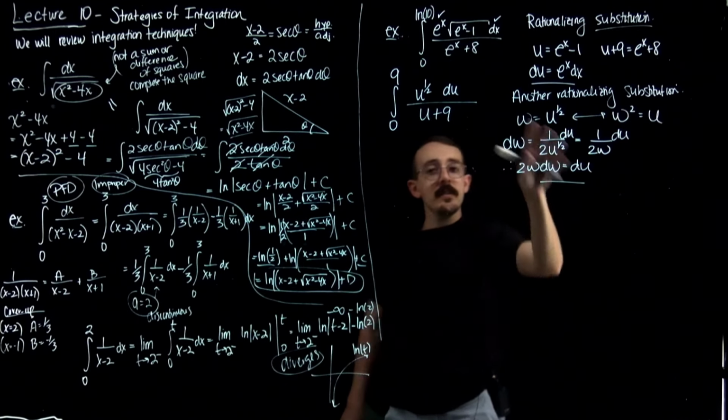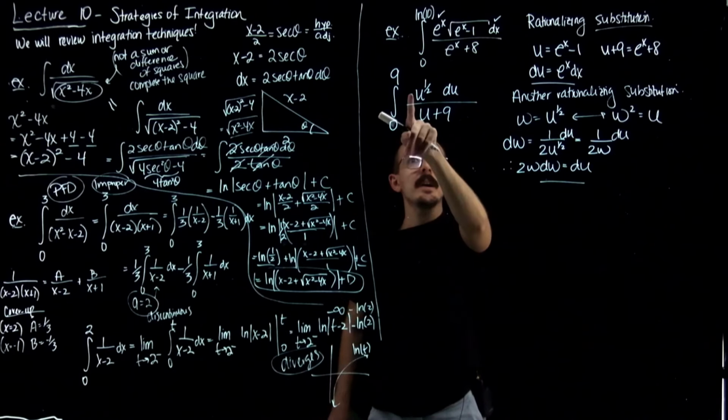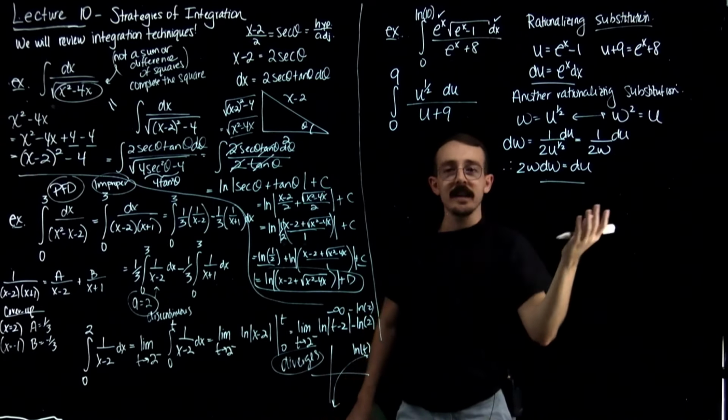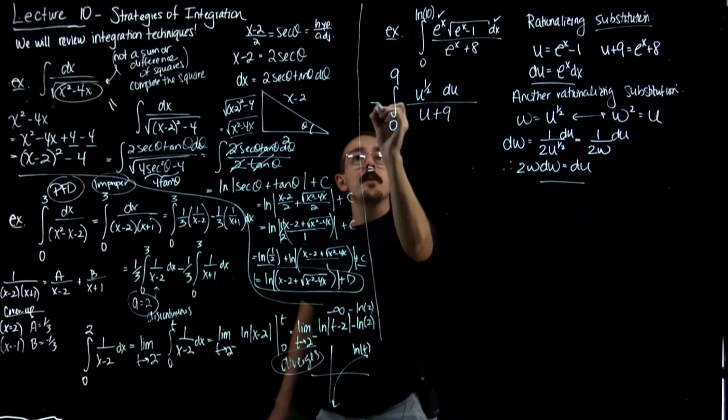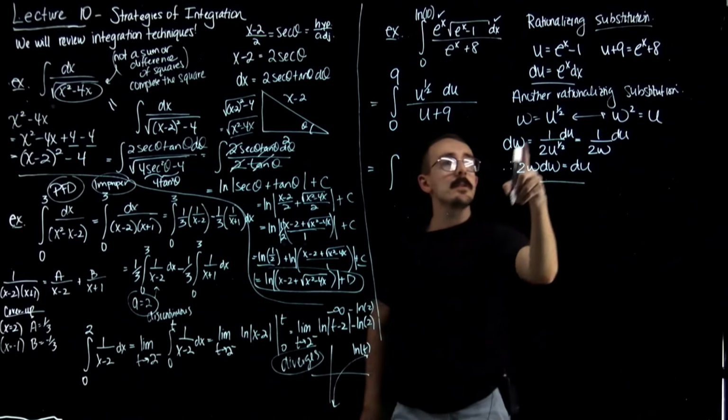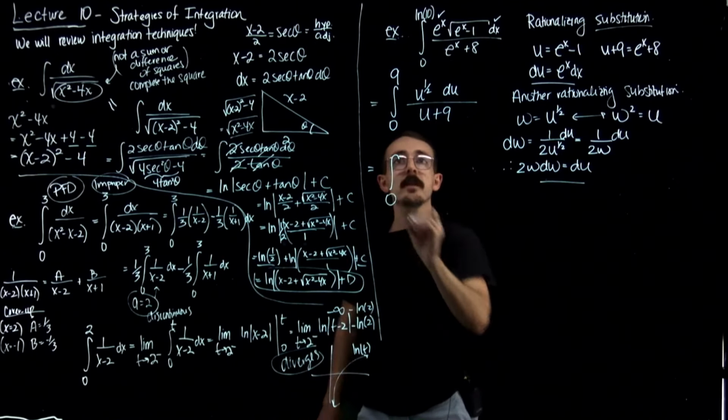So all of this came from the fact that I started by saying, OK, I'm going to substitute out the u to the 1/2, and I got all these different things that I needed. We are now going from the u variable to the w variable. So if you plug in 0 into u, you get 0 for w.